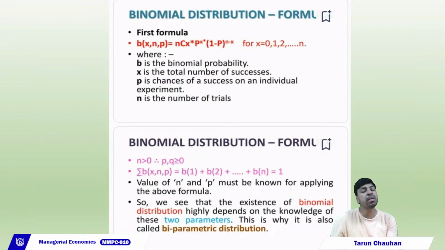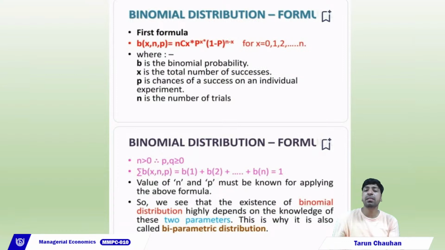B is the binomial probability. X is the total number of successes. P is the chance of success on an individual experiment, for example 50% or 60% chance. And n is the number of trials. So when you multiply all these values, you will get the probability of binomial distribution.